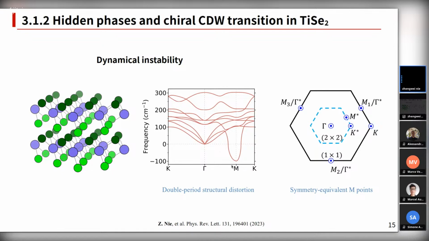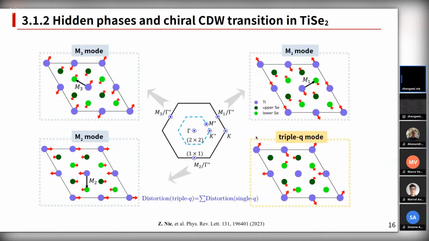It should be distorted along this direction. And due to its rotational symmetry, it has three equivalent endpoints, M1, M2, and M3. And here we calculate the phonon mode for all these three endpoints. They are also symmetry equivalent, and because they are emitted by a single endpoint, it is called the single Q mode.